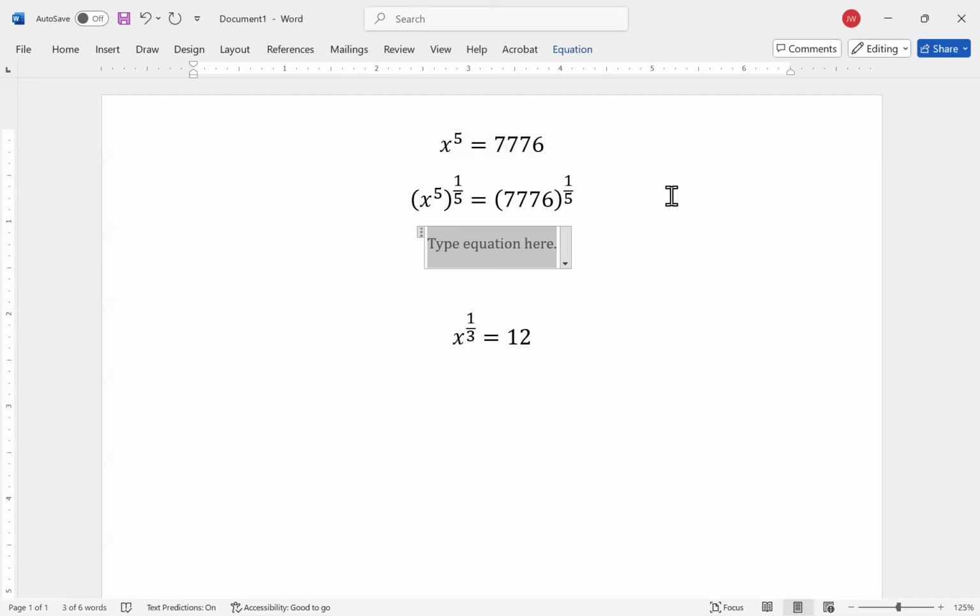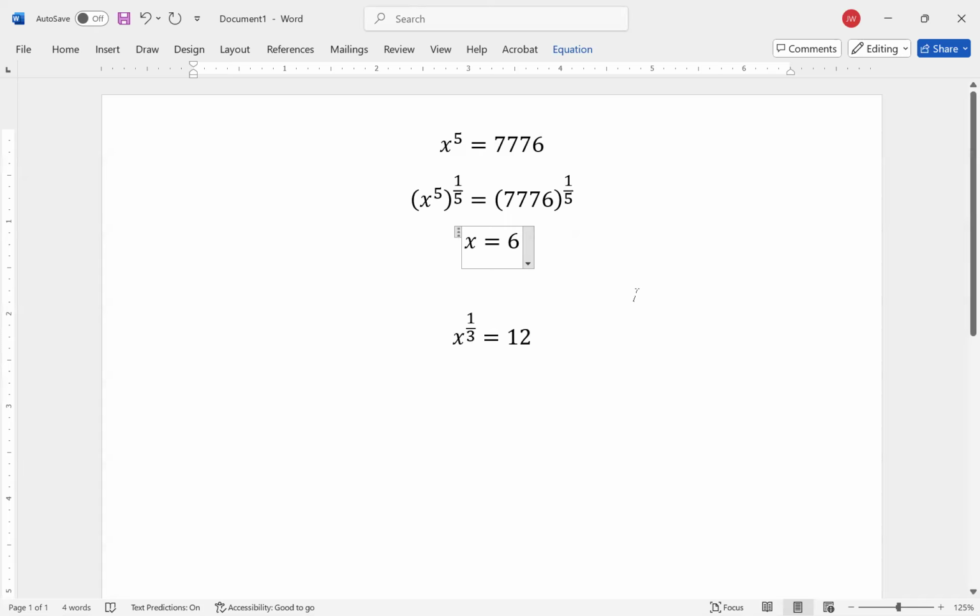I can type this into my calculator, 7,776, and then raise that to the 1/5 power. On the right-hand side, I get 6. Now on the left-hand side, using the power rule, 5 times 1/5 would just be 1. So that'd be x to the first, or just x on the left-hand side. And on the right-hand side, I get a 6.